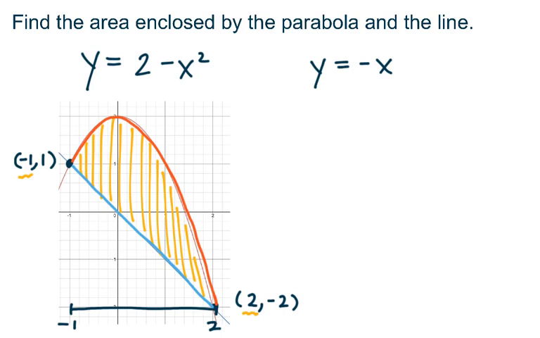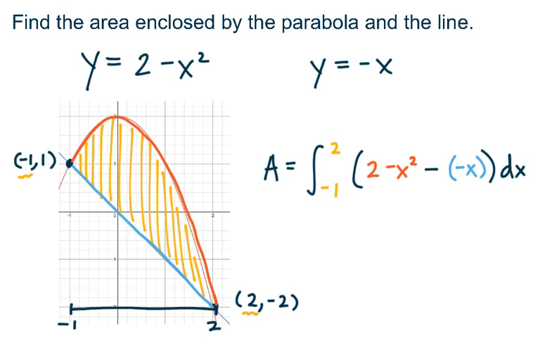So to set up my integral to calculate my area, this is going to be the integral from -1 to 2 of 2 minus x squared, minus my lower one, which is -x.